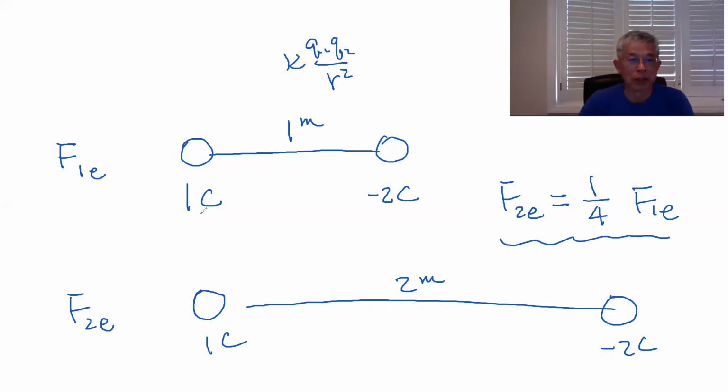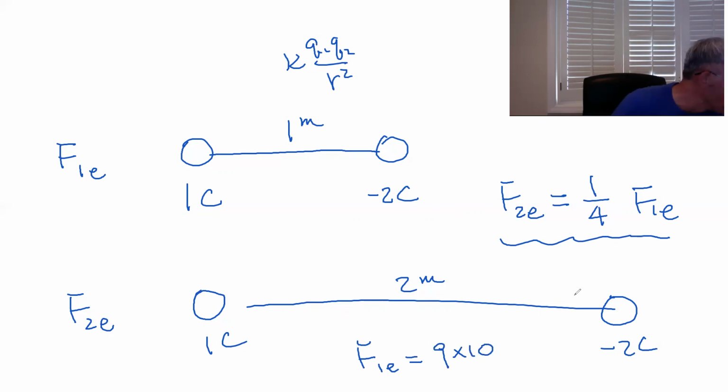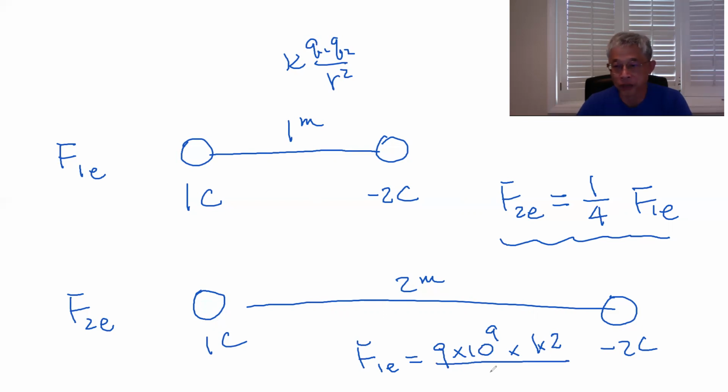You can calculate the absolute value too. F1E will be equal to K, so 9 times 10 to the 9, and then Q will be 1 times 2. Then you explain that it's an attractive force.